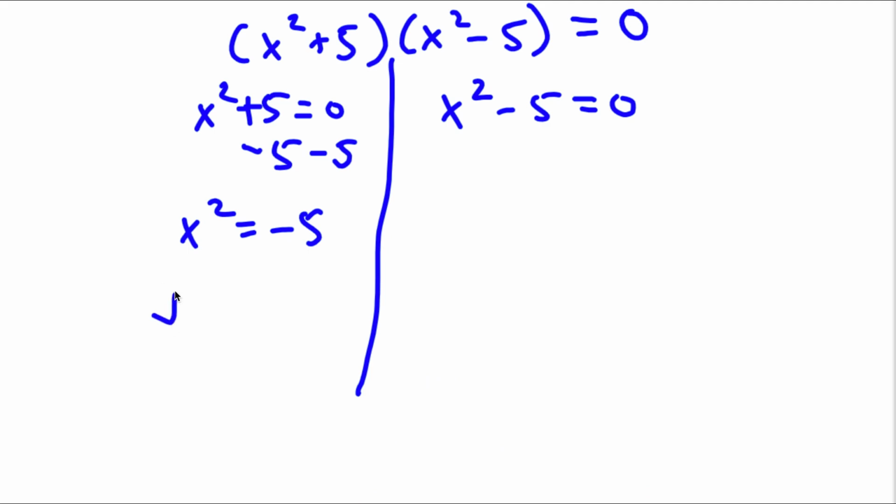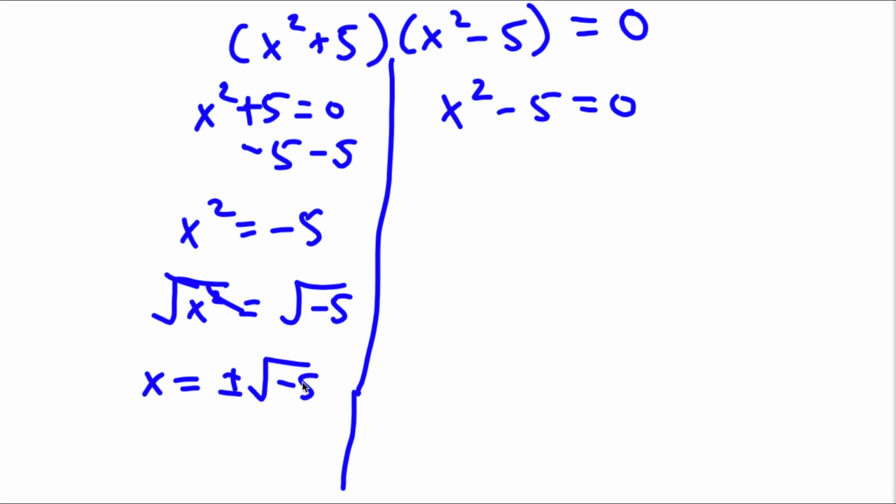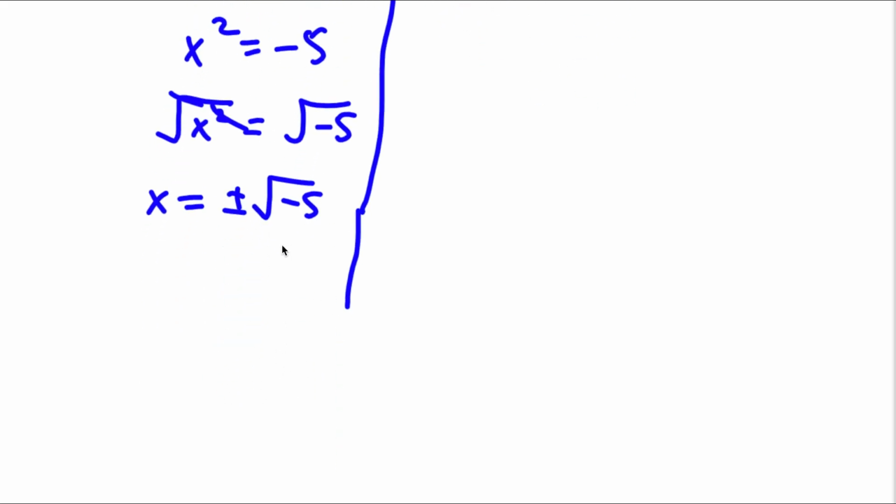Now I can take the square root on both sides, so I have the square root of x squared is equal to the square root of -5, so these two cancel out, and I will be left with x is equal to plus or minus the square root of -5. Now, the square root of -5 can be written as the square root of 5 times the square root of -1.